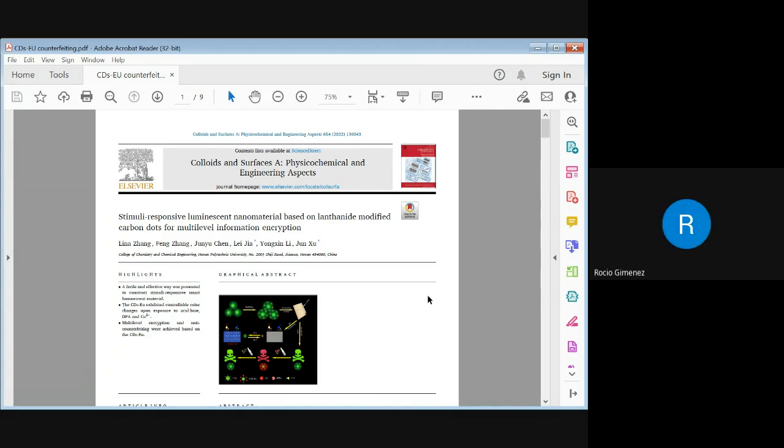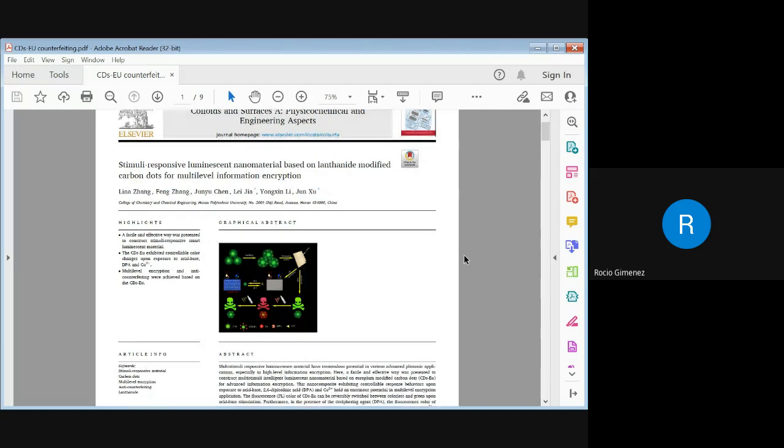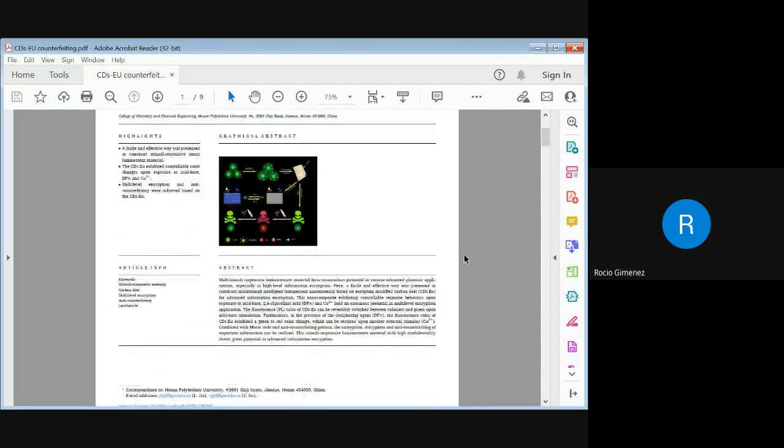They are typical luminescence materials that can absorb various excitation light and convert it into visible light emission. They also have many advantages, including controllable luminescent color, outstanding light stability, low toxicity, and biocompatibility. So in this work, the authors fabricate carbon dots with europium.